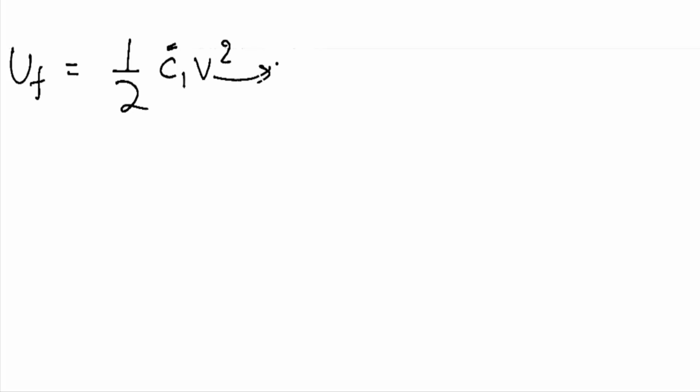Now to calculate the final energy, U final, it will be half C dash V square, because the capacitance has changed. But here we have removed the battery, so the potential will be due to only the charge stored, and that is because of the capacitance initially connected, that is C, and the voltage applied at that time.